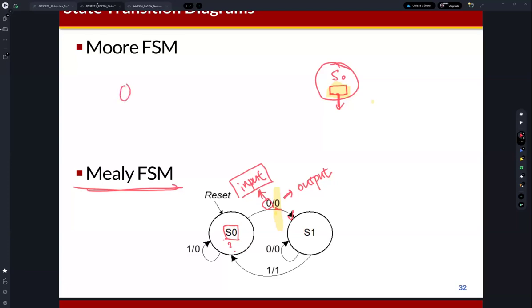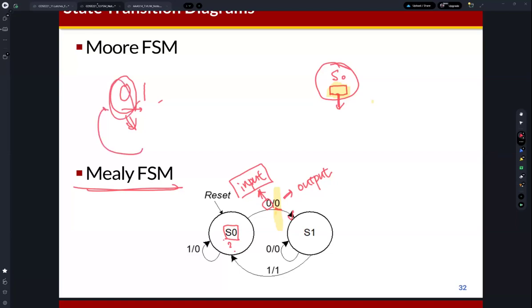So in order to detect the 0, 1 sequence, this is the input sequence. Firstly, we need to detect the 0, right? If the 0 is detected, then if the next input is 1, then output needs to be 1. Then if the next input is still 0, then output is 0, but it goes to this state.